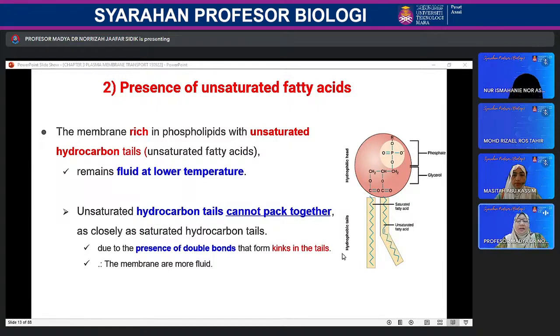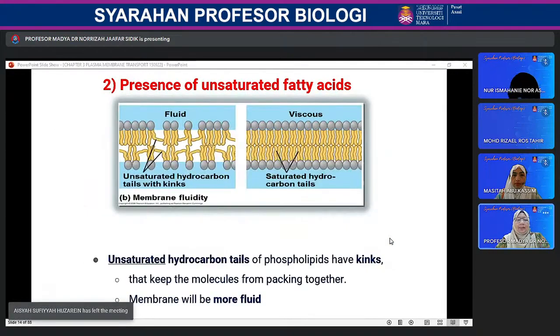So the membrane is more fluid. You can see here the unsaturated hydrocarbon tails of the phospholipid have kinks. That keeps the molecules from packing together, so they are further apart. So the membrane will be more fluid.